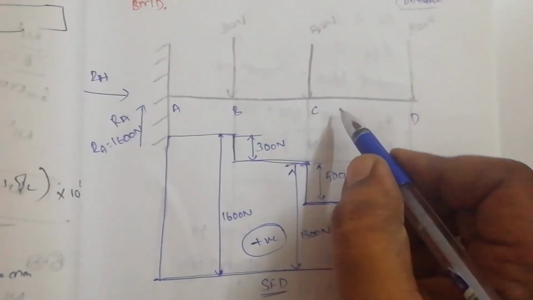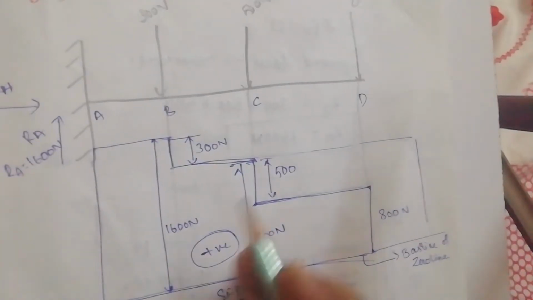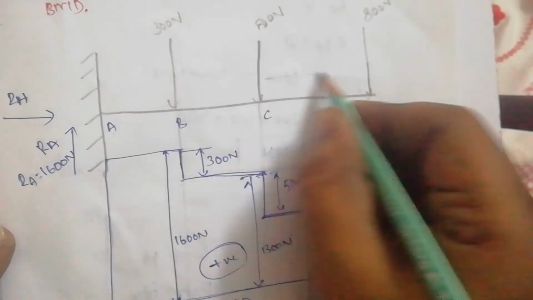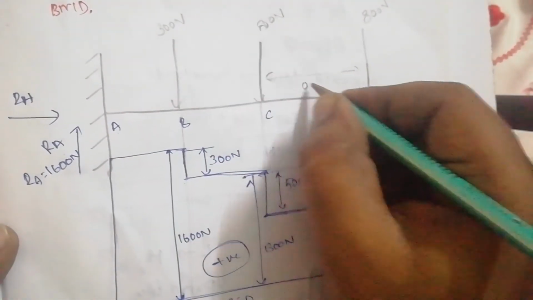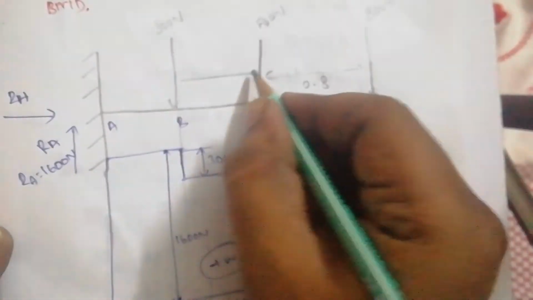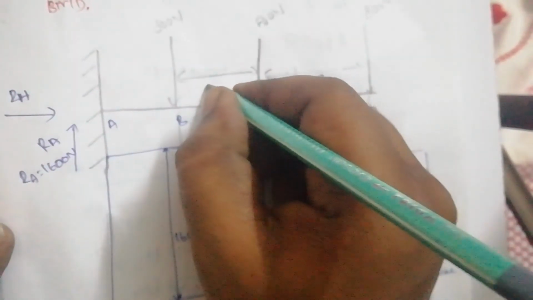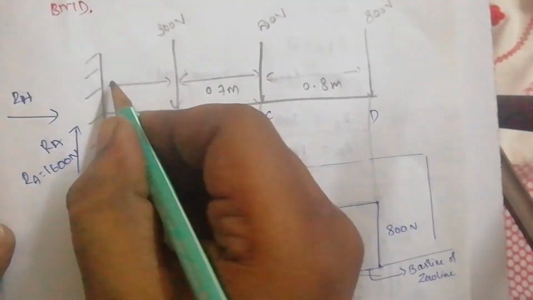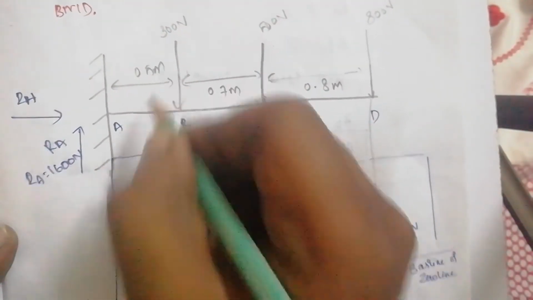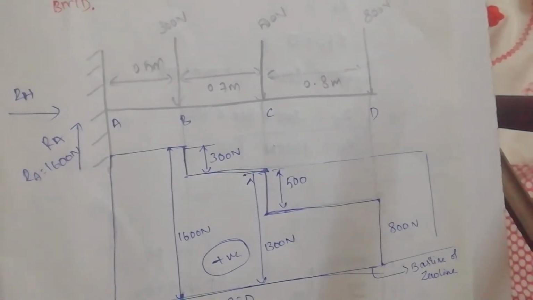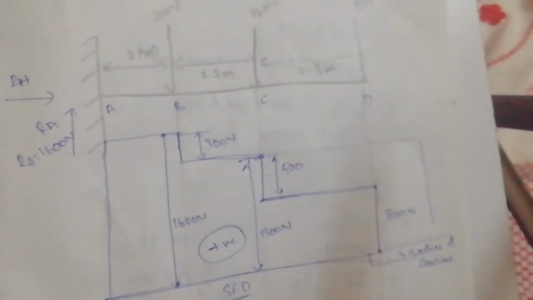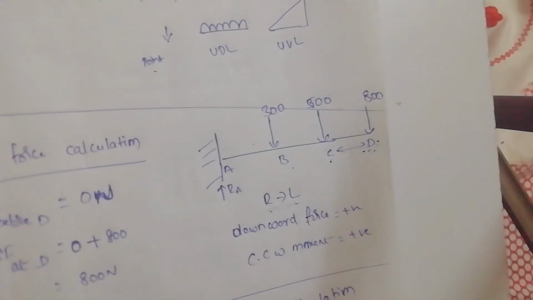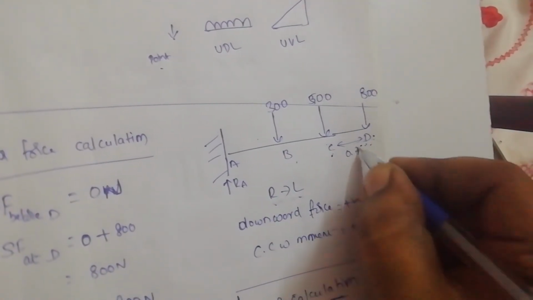In the diagram they have given this distance as 0.8, this distance as 0.7 meters, and this distance as 0.5 meters. Okay, so they have given the values of distances. So we will try to calculate the bending moment. The same distances we are having here. So this distance I am taking as 0.8.